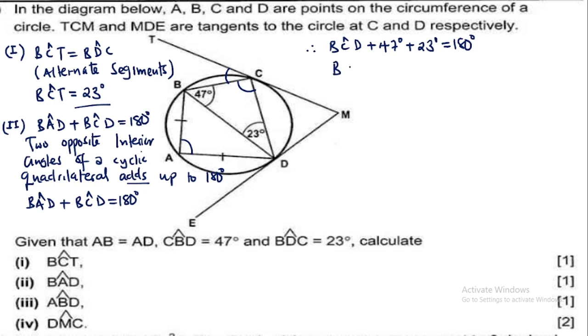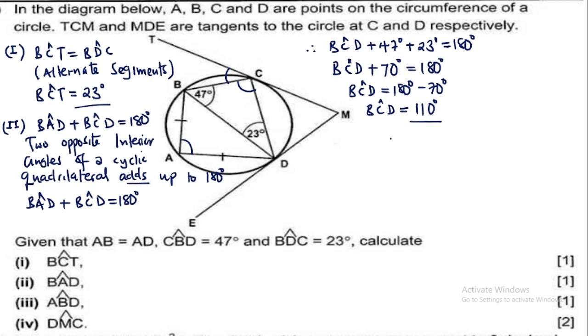So BCD plus 47 plus 23, that's 70 degrees, being equal to 180. When the 70 degrees crosses the equal sign, BCD is equal to 180 degrees minus the 70 degrees.